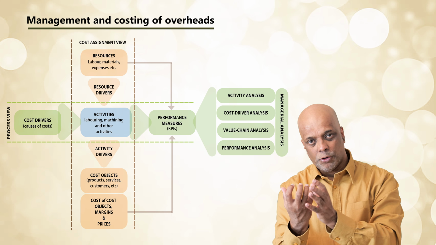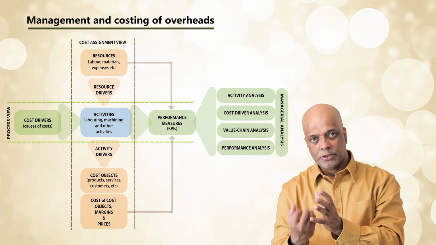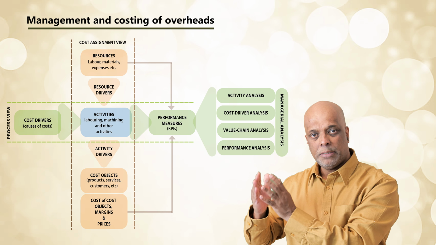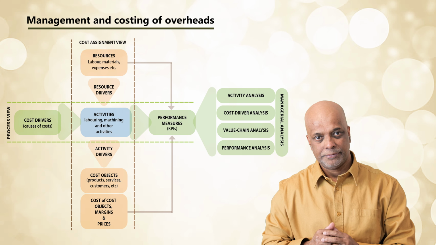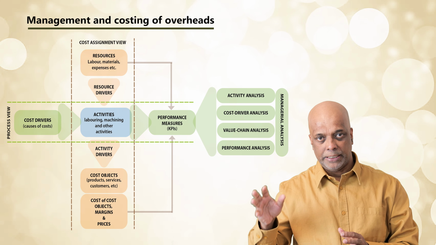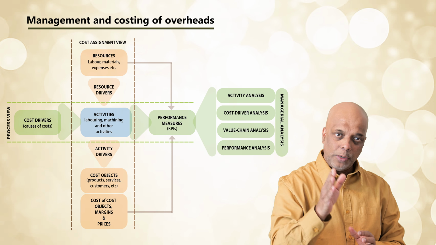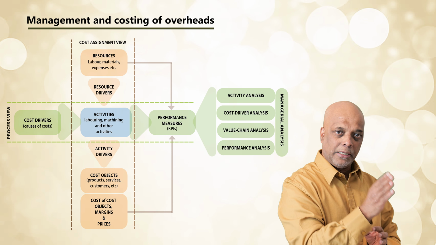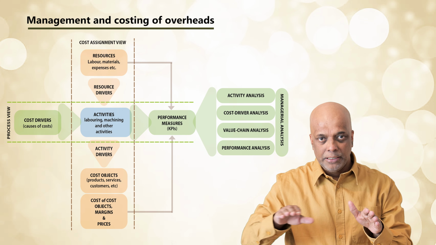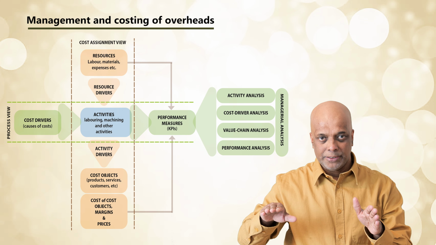So for each category of activities or for each activity, we have to set specific key performance indicators. And by achieving those key performance indicators attributed to activities, we can better manage cost. So that is what you call activity-based management.